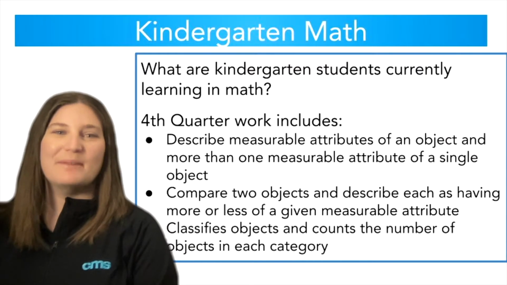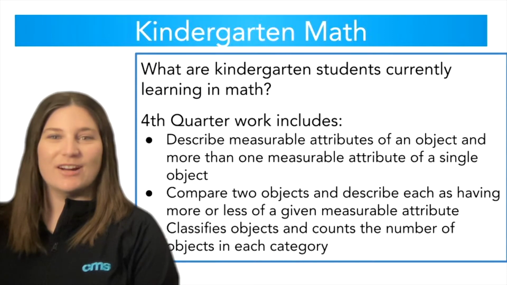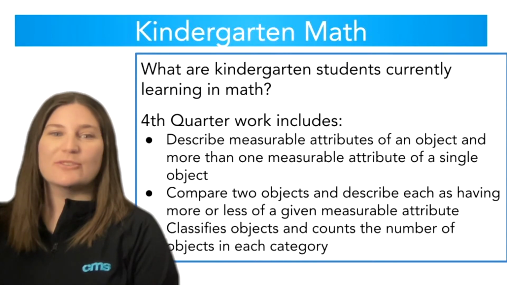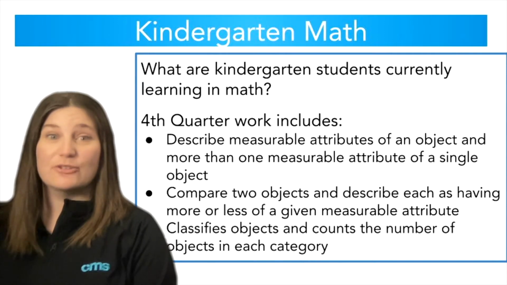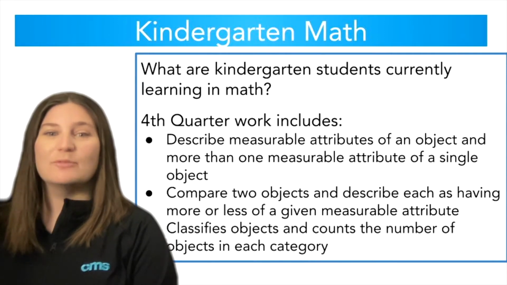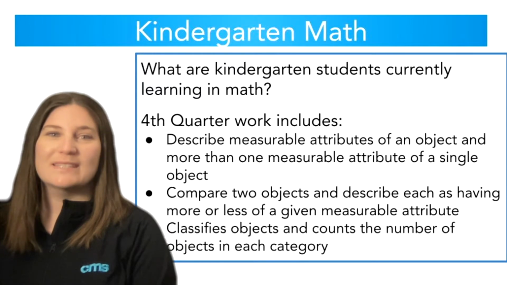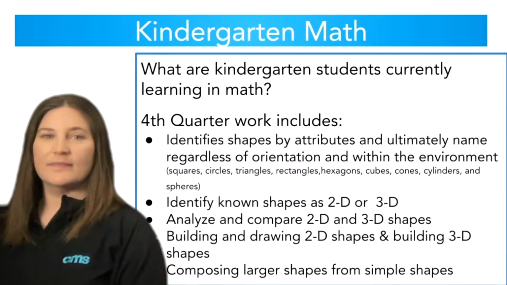Hello again. I'm Hannah Woods, supporting kindergarten math teaching and learning in CMS. This quarter, students in kindergarten are learning about describing measurable attributes of an object, comparing two objects by their measurable attributes, classifying objects, and counting the number of objects in each category.